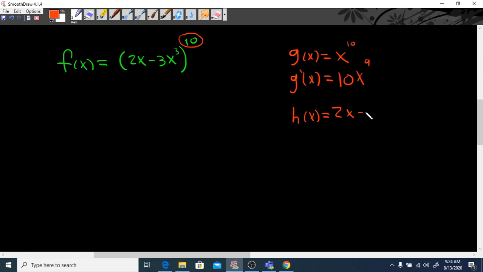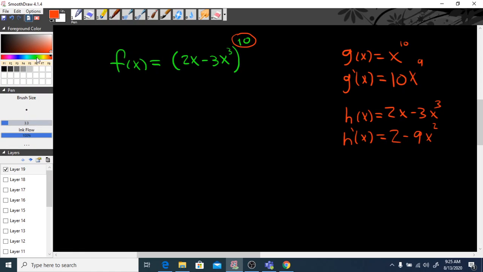So 2x minus 3x cubed, if I take its derivative, that's just the power rule, right? 2 minus, power comes down, constant multiple, 3 times 3 is 9, x reduced in power by 1, 2 minus 9x squared. So we're going to use this information to solve this problem.